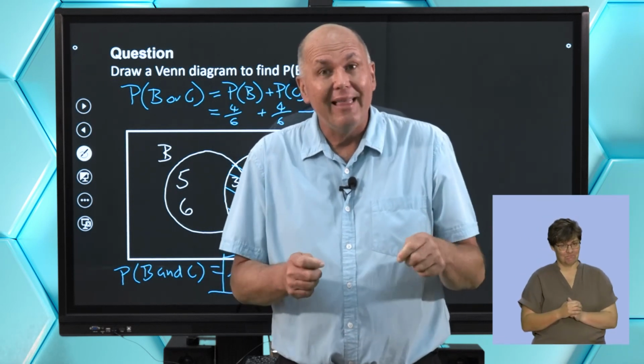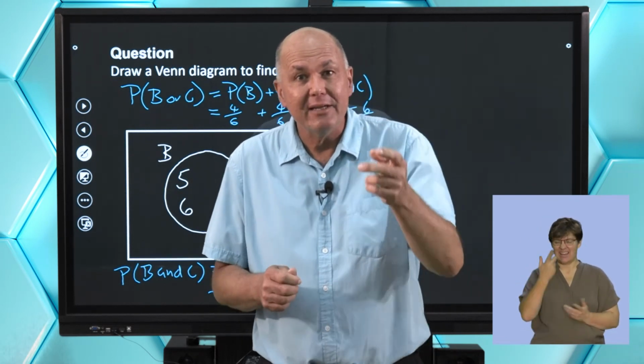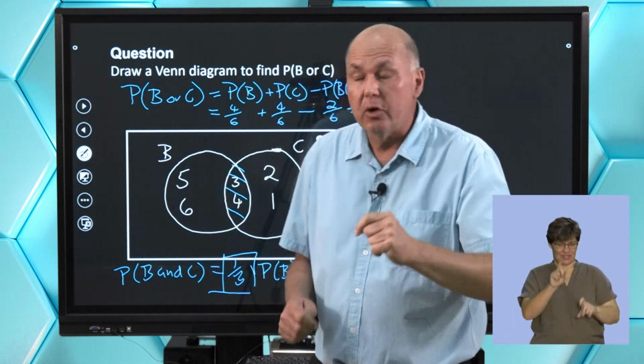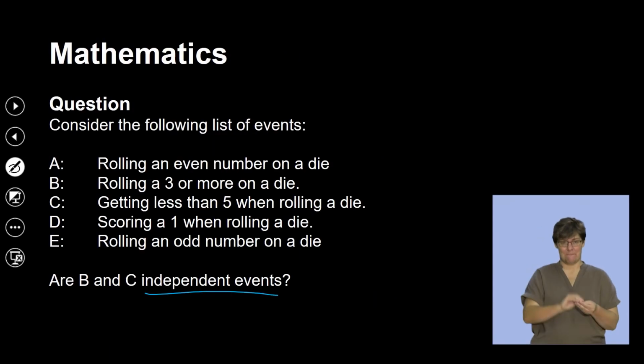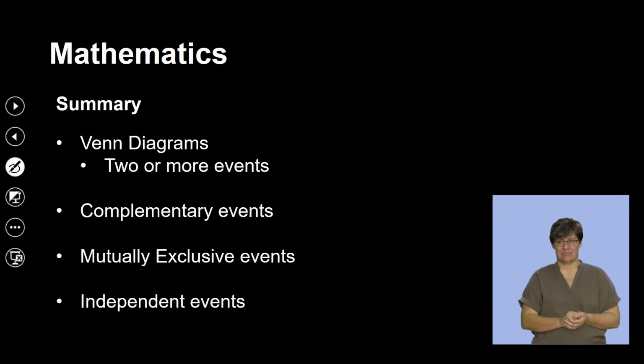Right, guys, I think that's more or less brought us to the end of our questions. Let's just do a quick sum up. In today's lesson, we've looked at the fact that you can use Venn diagrams to represent 2 or more events.